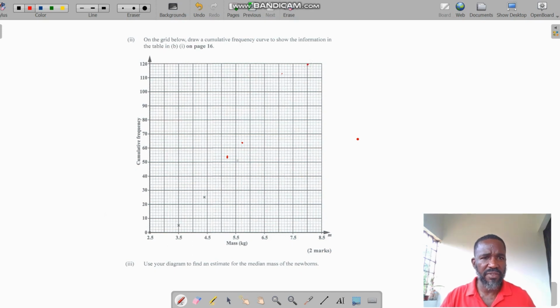And that we have. And now we are to complete the cumulative frequency curve. And that's our cumulative frequency curve.